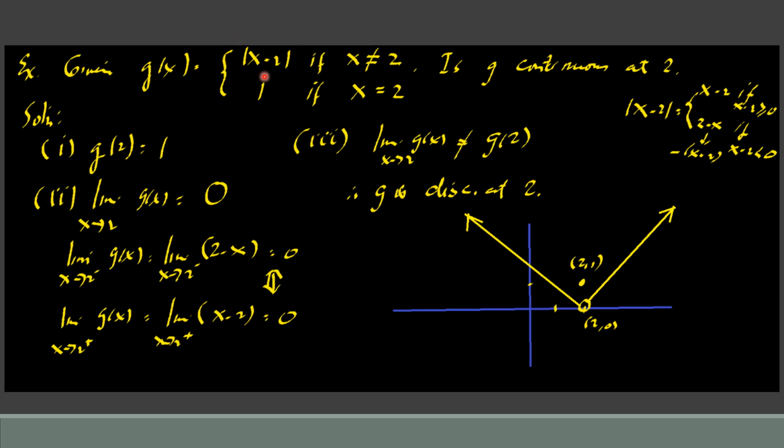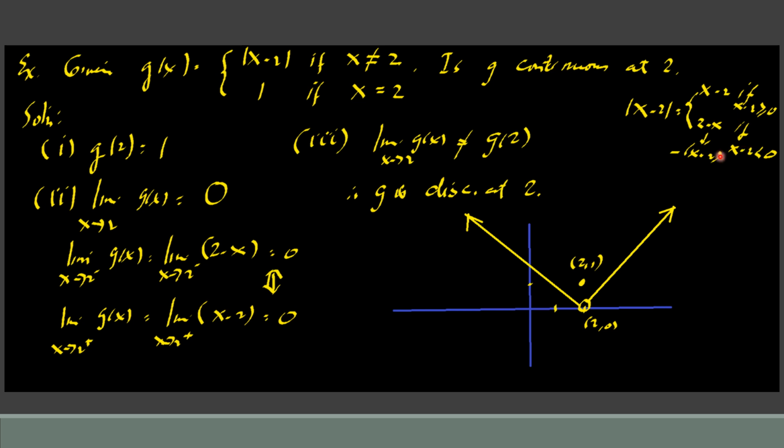Remember the definition of the absolute value: the absolute value of x is equal to x if x is greater than or equal to 0, and negative of x if x is less than 0. So for the absolute value of x minus 2, that is equal to x minus 2 if x minus 2 is greater than or equal to 0, and the negative of x minus 2 if x minus 2 is less than 0.